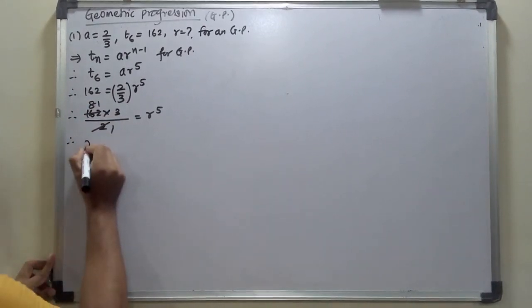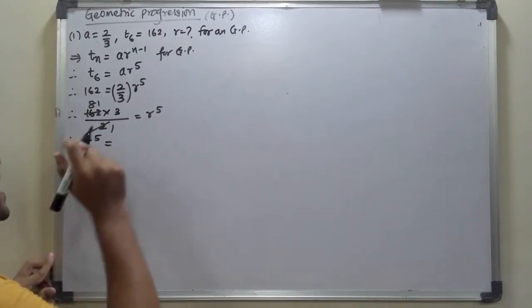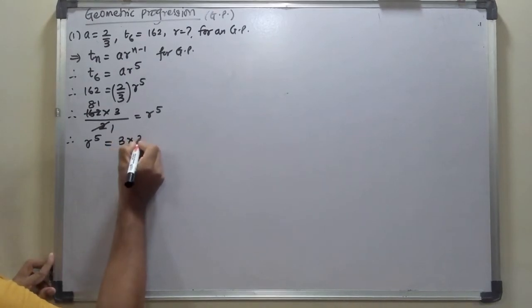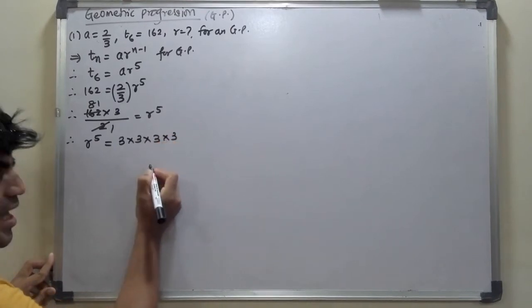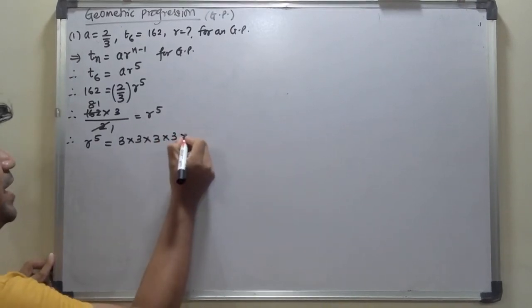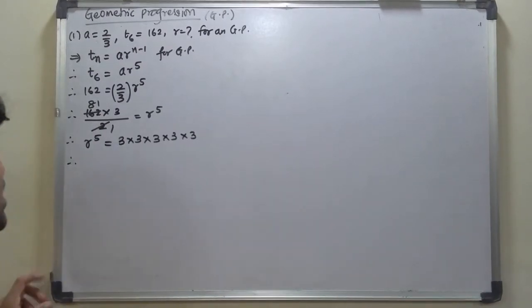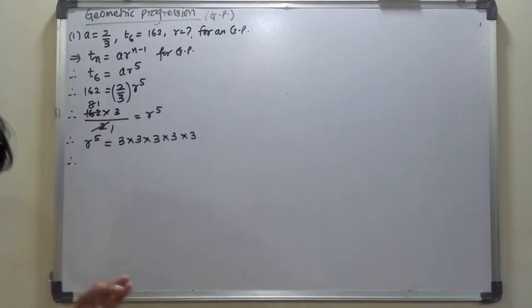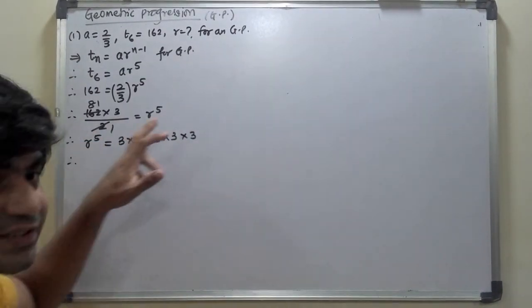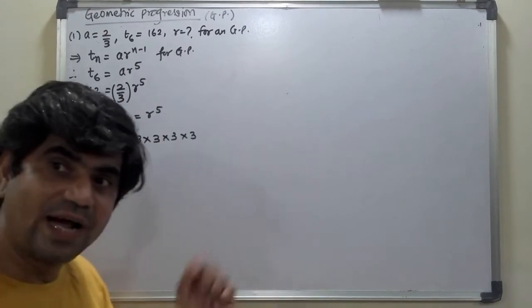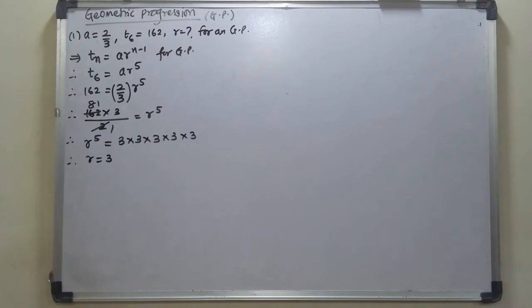So obviously R raised to 5 will be 81, which is 3 3s are 9, 3 3s are 27, 3 3s are 81, into 3. So obviously this is R multiplied 5 times, so this is R raised to 5, and this is 3 raised to 5. So on comparing, you get R is equal to 3.